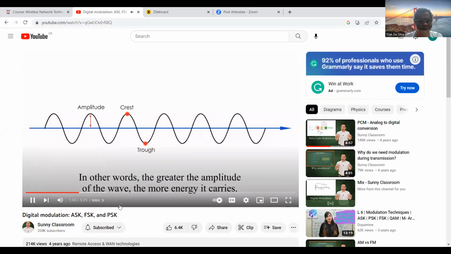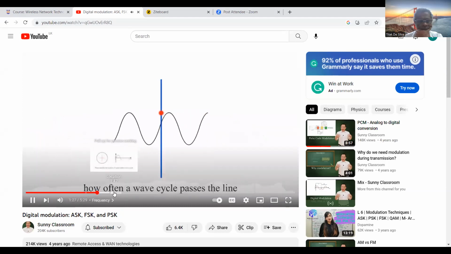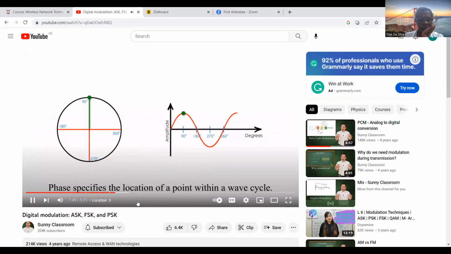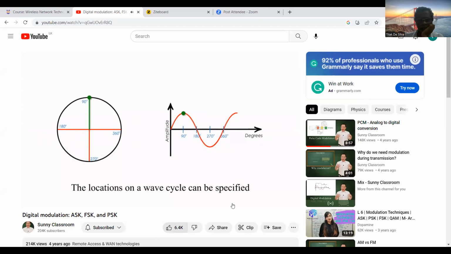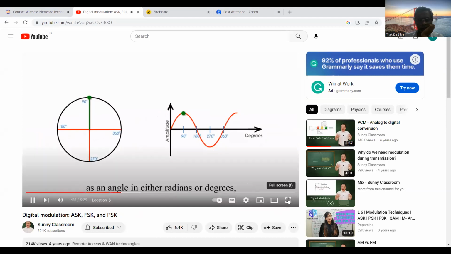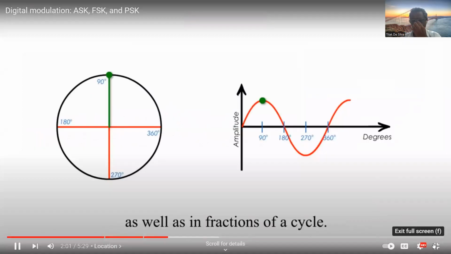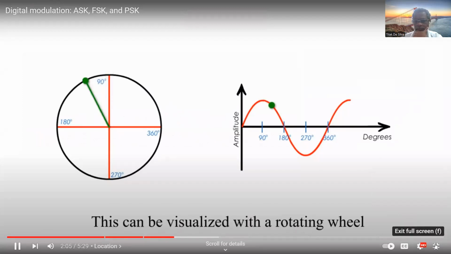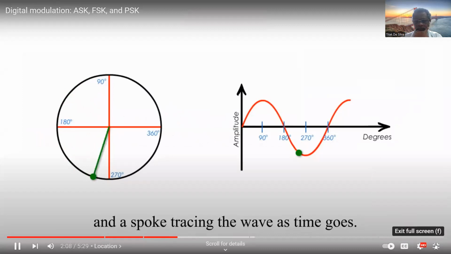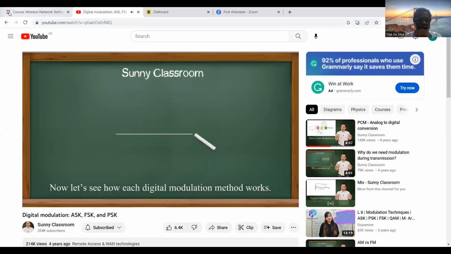The locations on a wave cycle can be specified as an angle in either radians or degrees, as well as in fractions of a cycle. This can be visualized with a rotating wheel and a spoke tracing the wave as time goes. Now let's see how each digital modulation works.